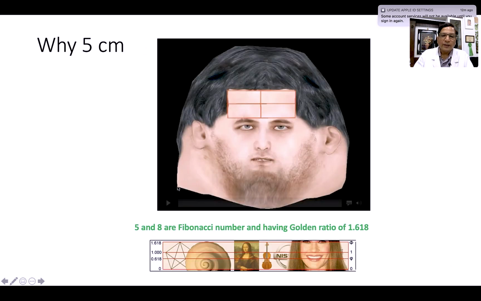So why? Let us see what happens when you convert this rectangle and divide it into two halves. This middle line, watch it carefully, slides down.